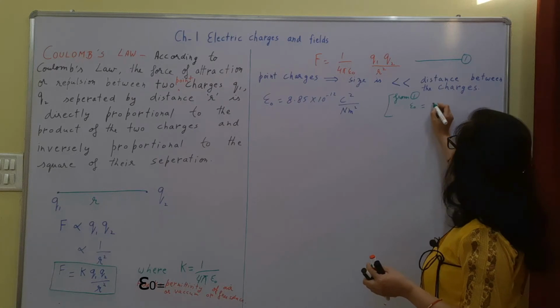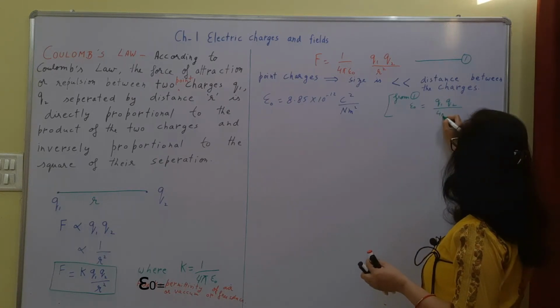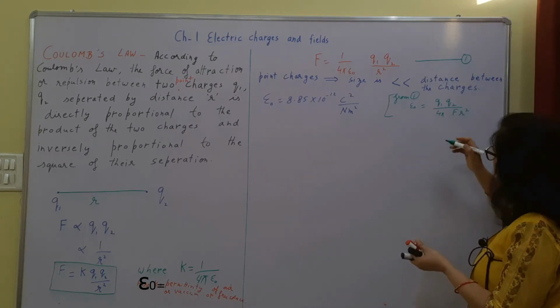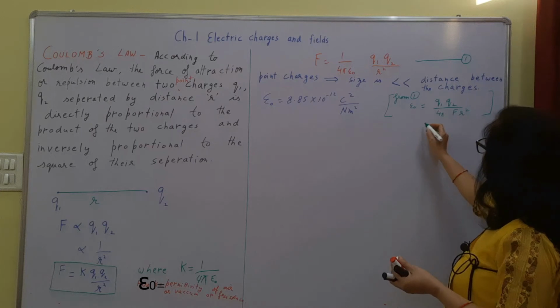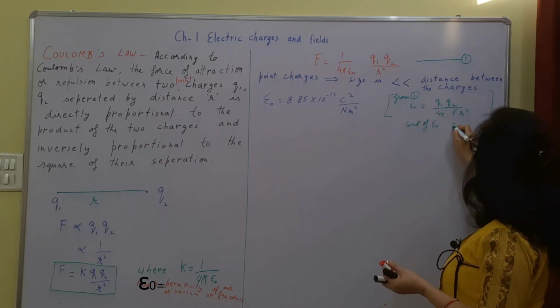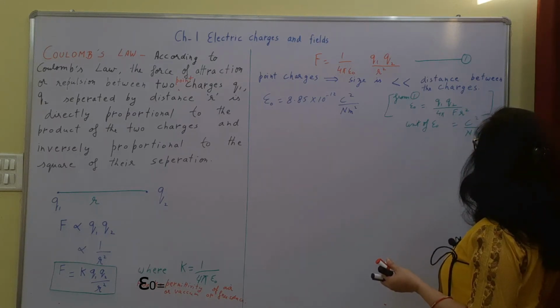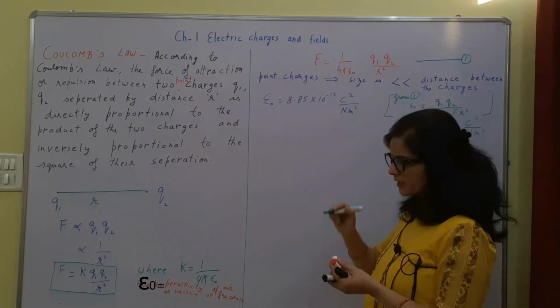Epsilon naught is Q1 Q2 upon 4 pi into F into R square. So its unit will be Coulomb square upon Newton meter square. So that's why I have written this.